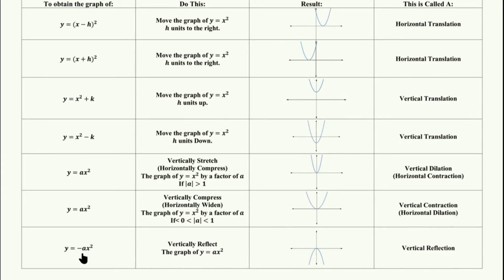And lastly, we have the reflection. If we have ax squared looking like this, we know that negative ax squared will just reflect with respect to that horizontal line which goes through the vertex. And remember, this vertex may not be at 0, 0. We'll look at those situations soon.